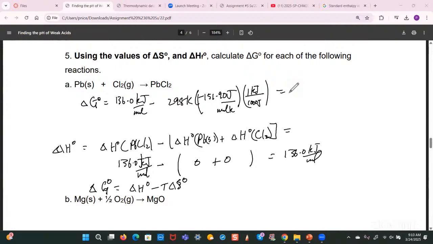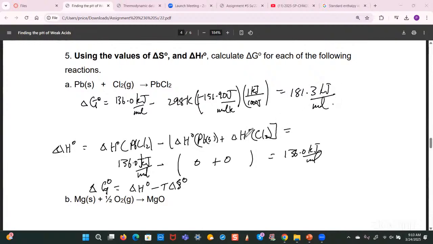And then I'm going to put a minus sign in front of that, and then add that to 136.0. And according to my calculation, the answer becomes 181.3. And that would be kilojoules per mole.